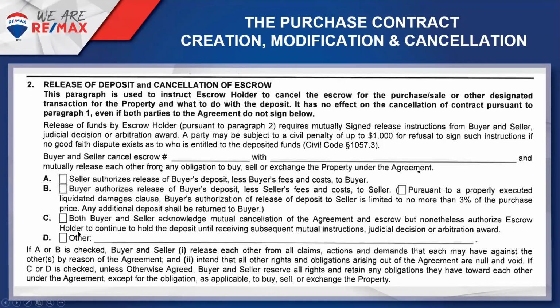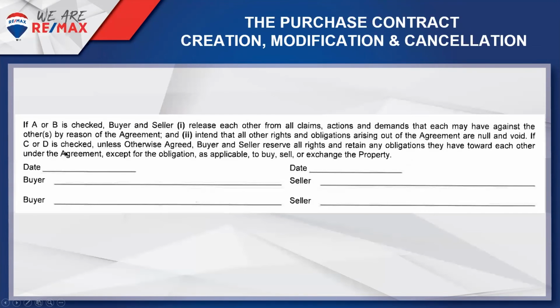There's a reason that checking D and putting all buyer's funds to be refunded to the buyer is not a good idea. Why? Because if A or B is checked, buyer and seller release each other from any claims whatsoever over this transaction.